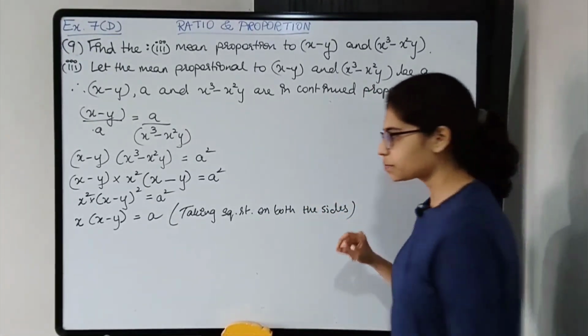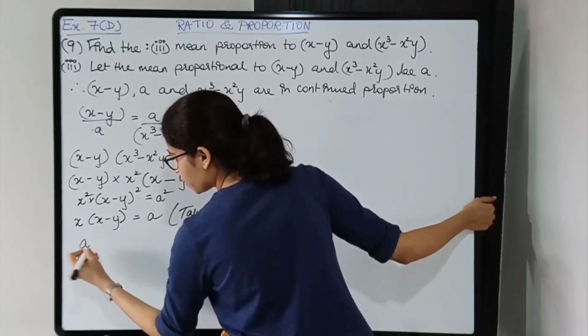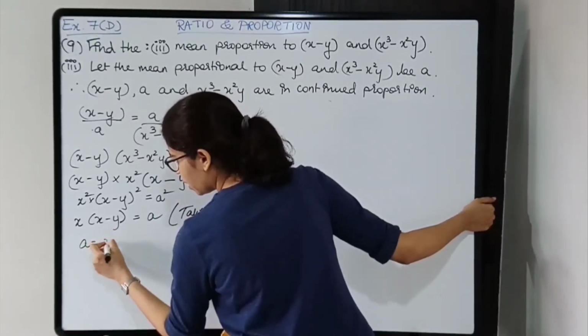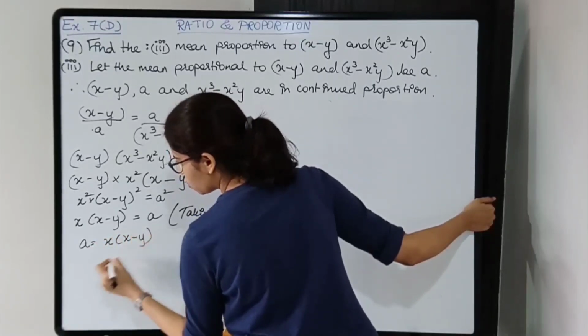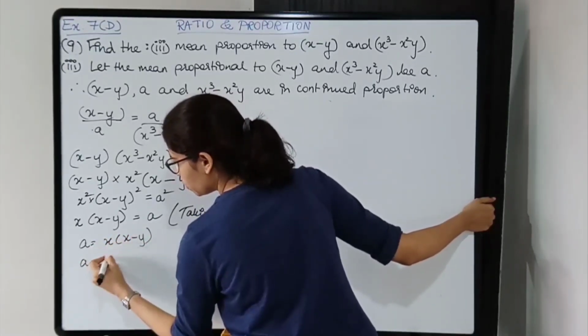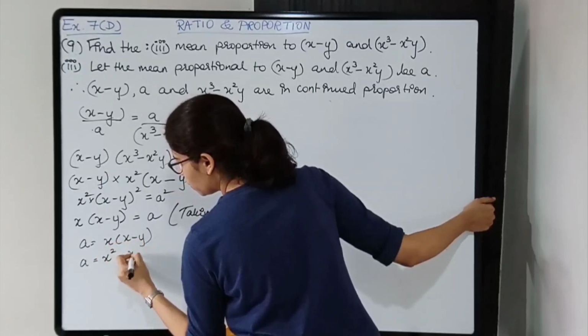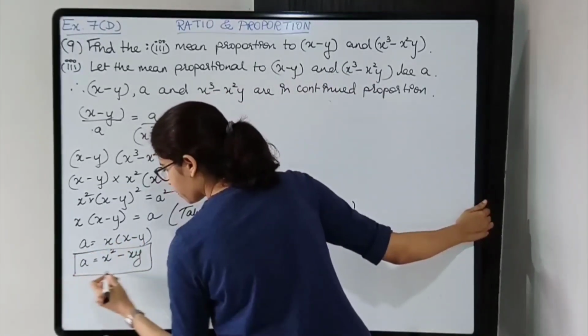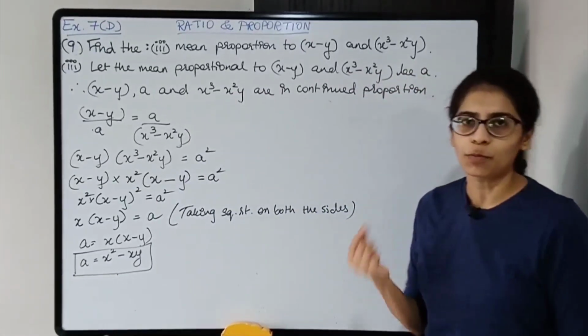Okay, now switch it. A is equal to x into x minus y, that is A is equal to x into x, x square, minus x into y, xy. Okay, so this is the mean proportional.